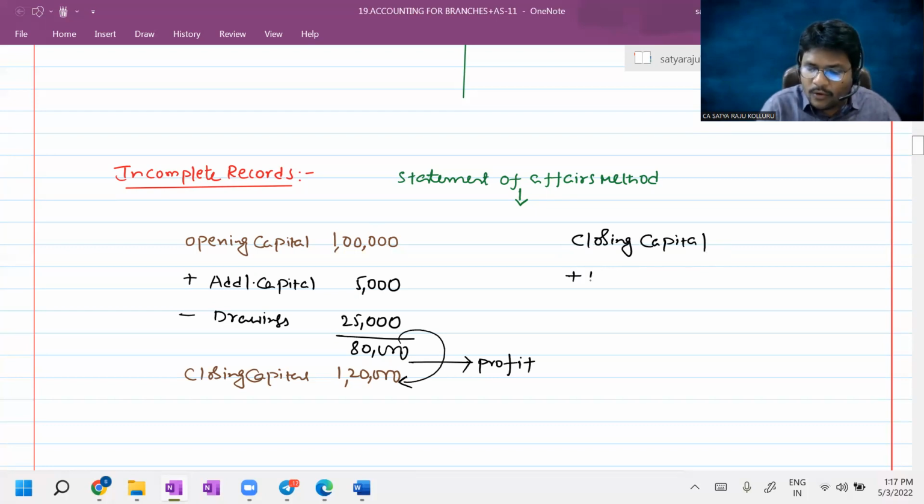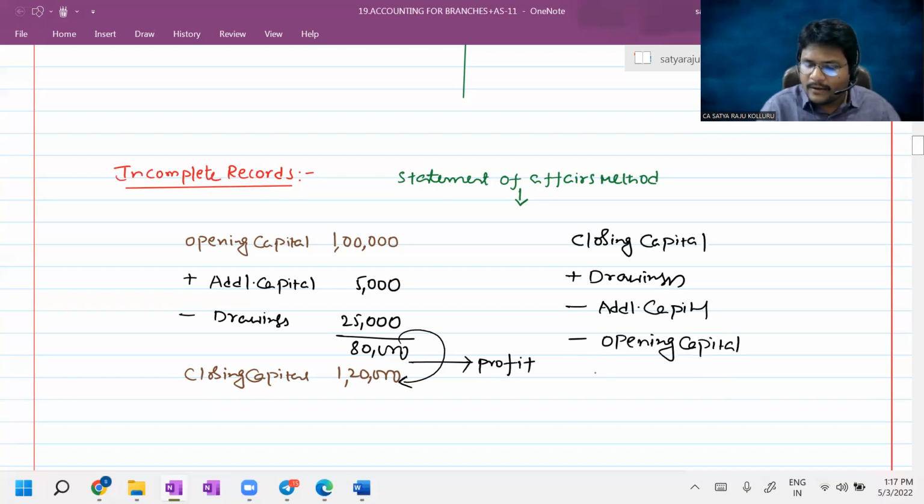Add drawings, minus additional capital, minus opening capital, then we get the balancing figure as profit or loss of that particular period, which we generally follow under the statement of affairs method.